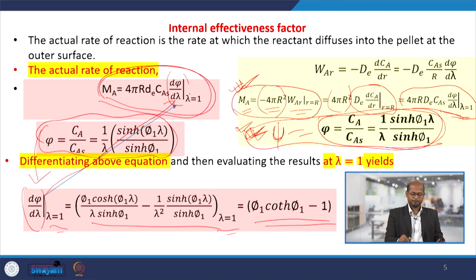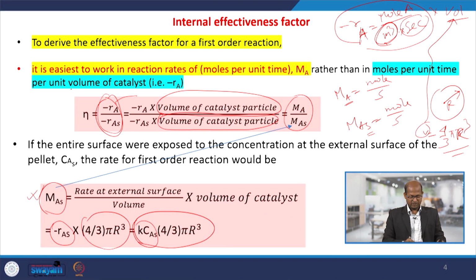So, this is the rate, changes of moles per unit time. The actual reaction rate is this, and M A S we have discussed.